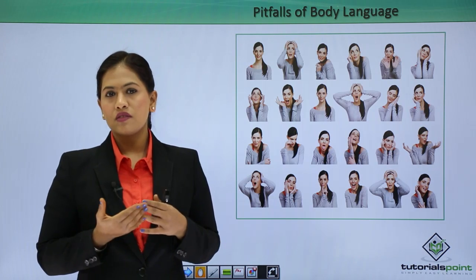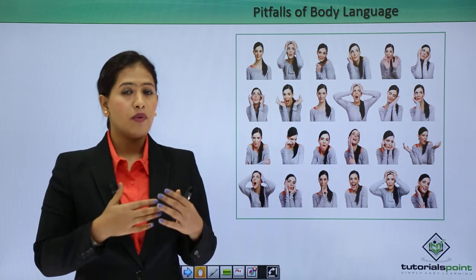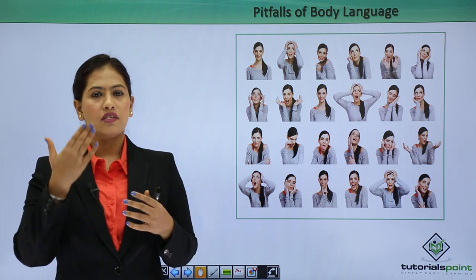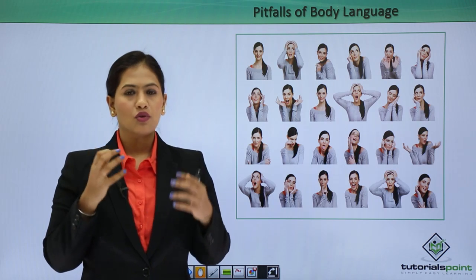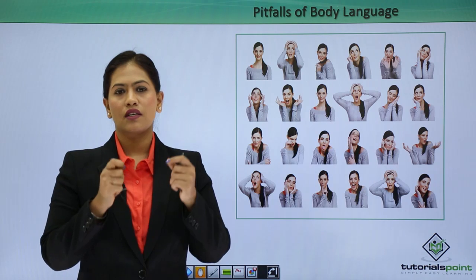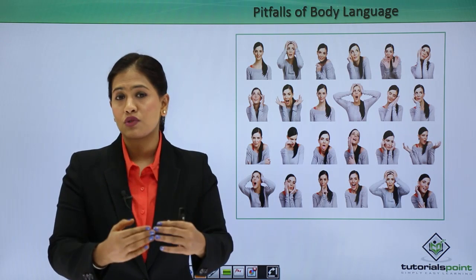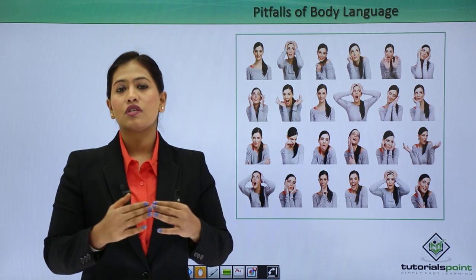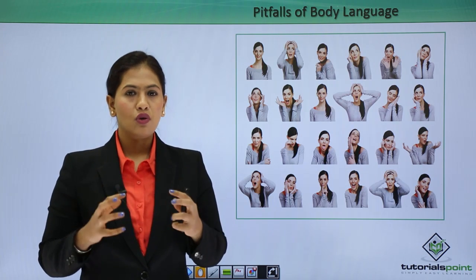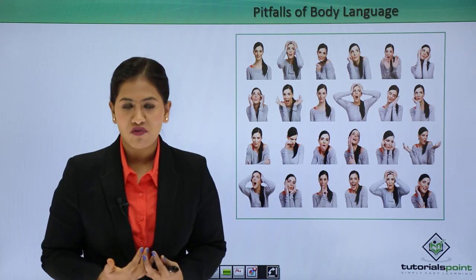Likewise, if I go back to the same example I quoted, somebody who has this as a natural style, you cannot just hold that as a feedback pattern to share with the person that he or she has not effectively used body language. So look at the overall aspect of a person.